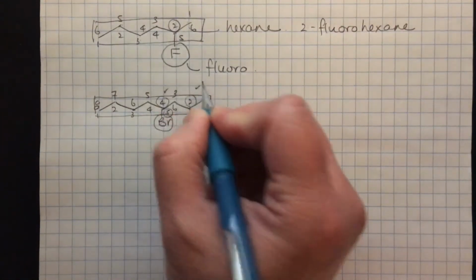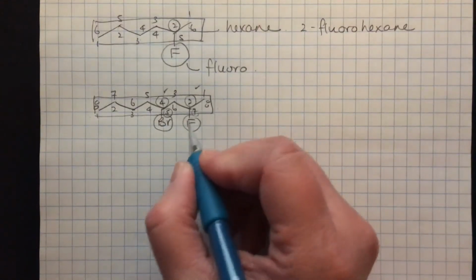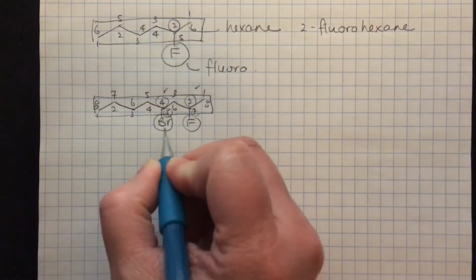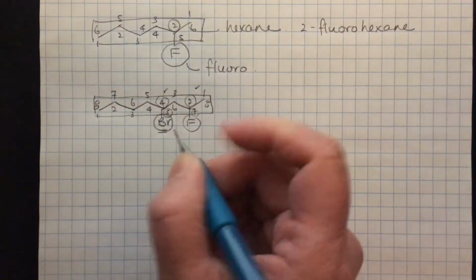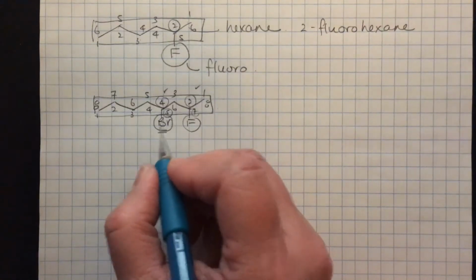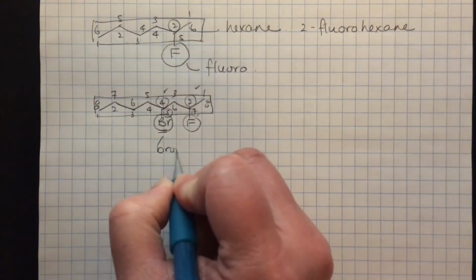So the 2 and 4 is going to be the numbering that we are going to be using for our attachment groups. And so this becomes, again, listing from the lowest carbon, listing in alphabetical order, the bromo over here is going to come first.